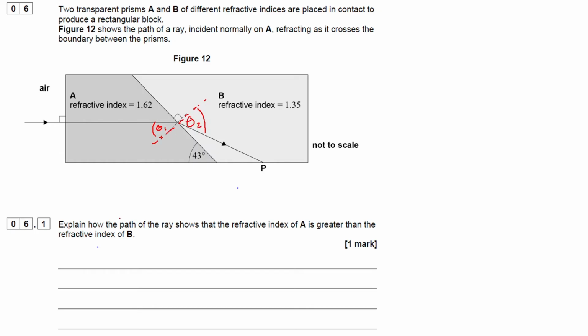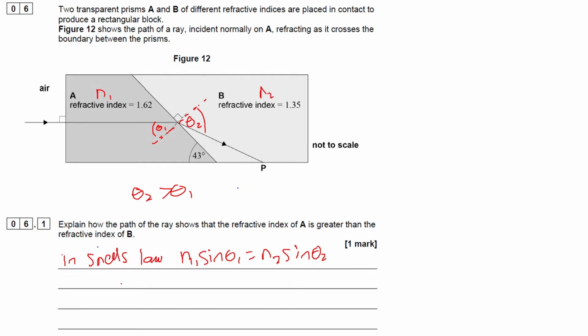Now you can see theta 2 is greater than theta 1. According to Snell's law, and from the formula sheet, n1 sine theta 1 equals n2 sine theta 2. We use the same numberings as what's given in the labels as well. So this will be n1, and this will be n2.